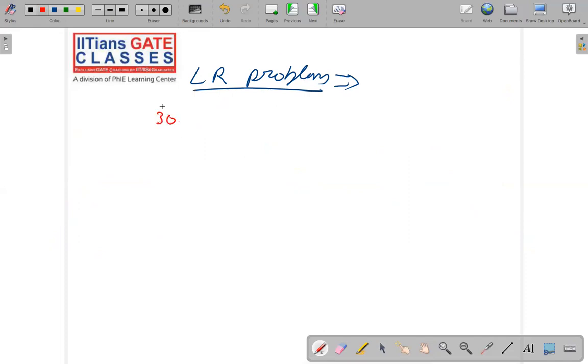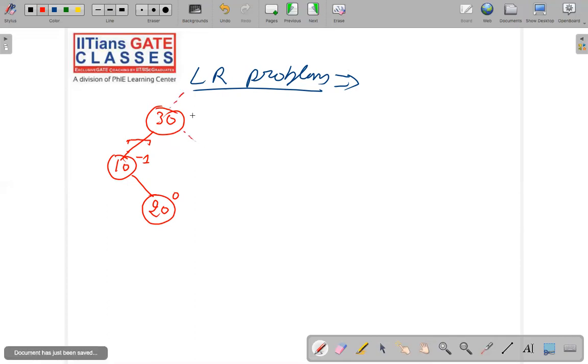So if our tree looks like this, 30, 10, and 20, here the balance factor is 0, and here the balance factor is -1. But this lies on the left side. So the height of the left subtree here is, for example, 2 or some value, which is more than its other child.